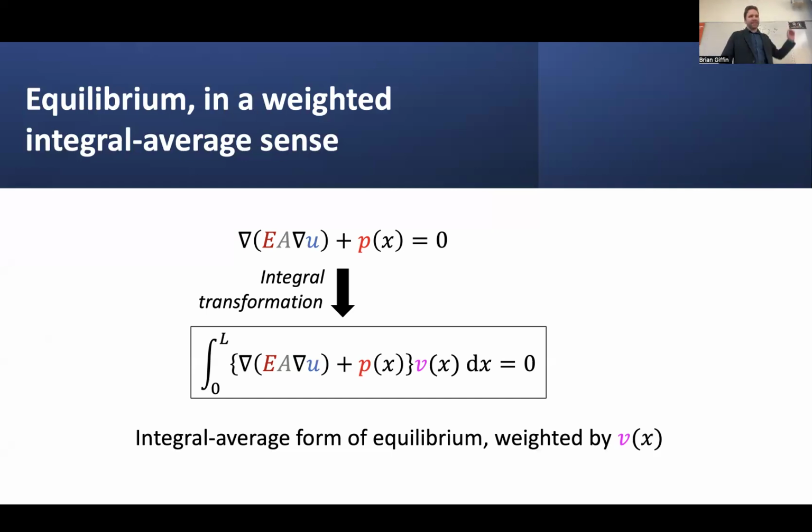But regardless, if we know that in a pointwise sense this internal expression always has to be equal to 0 everywhere if equilibrium is to be satisfied, then trivially it doesn't matter what this function is. If I have the integral of something that has to be 0 everywhere times this arbitrarily chosen test function, then this statement always has to be equal to 0, regardless of how I've chosen that arbitrarily selected test function.